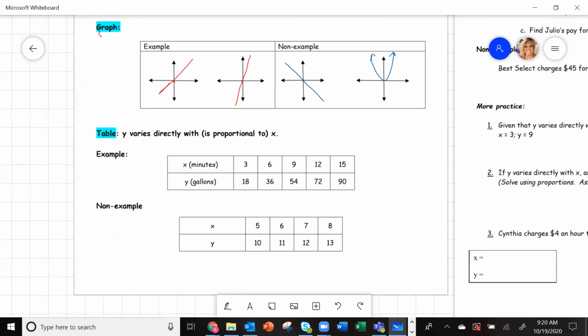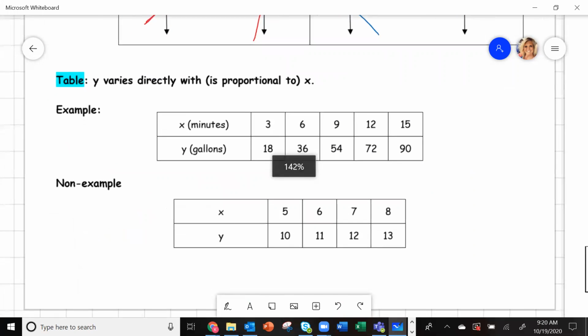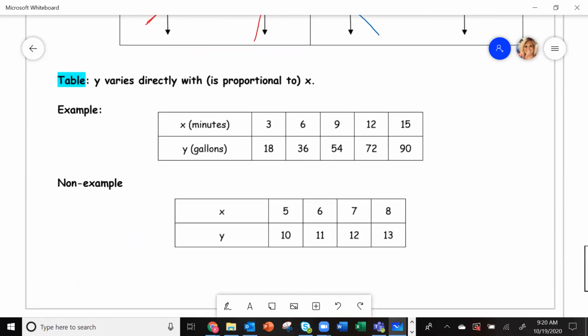All right. Now here's another way to figure out if something is a direct variation. When we see these in test questions, they're going to say that it's either proportional to, or it varies directly. When it says varies directly or is proportional to, that means it's a direct variation.